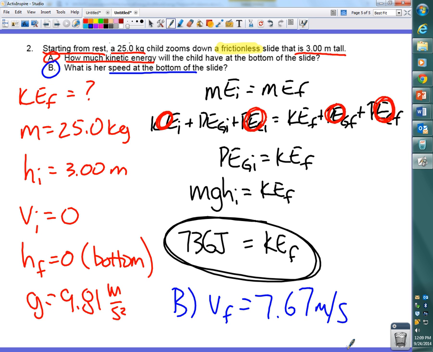We didn't do any work energy theorem problems, so I won't do those anymore. Okay? Try number 5 and number 6 tonight, homework. I will post the answers on the homework event on the calendar. Okay?